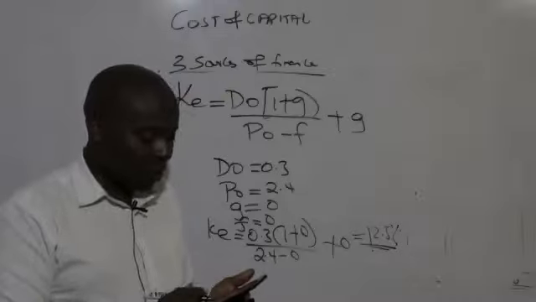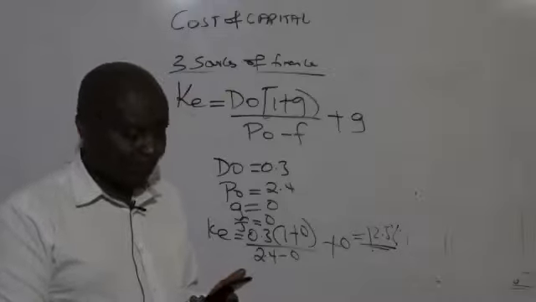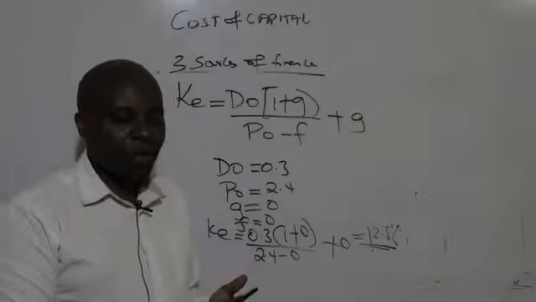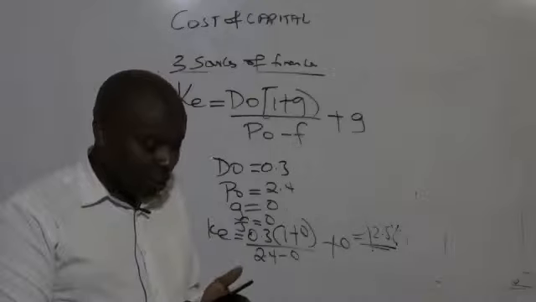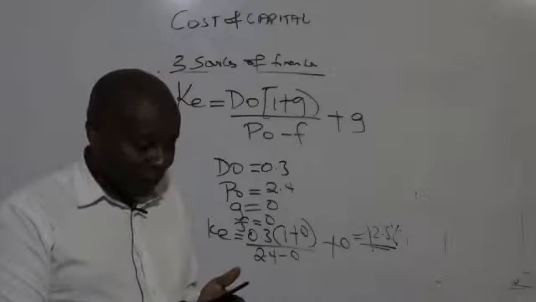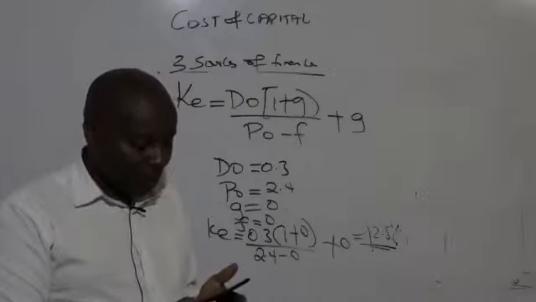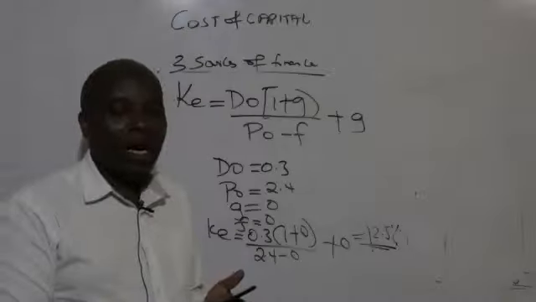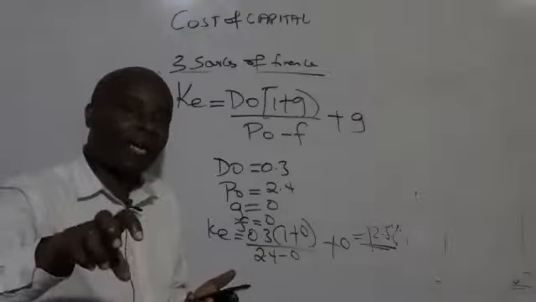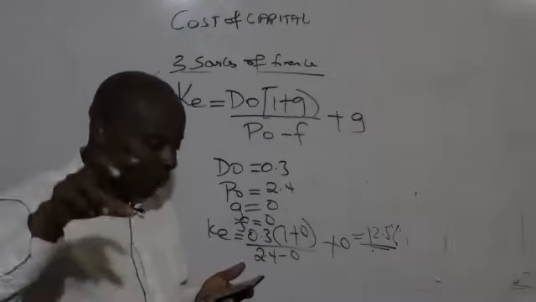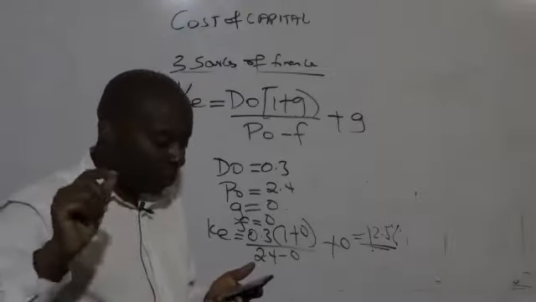Example 2, still on page number 2. We are told A Limited has in issue Kenya shilling 0.5 million shares with a market value of 4.2. So this time around, our market value per share, our P0, is 4.2.